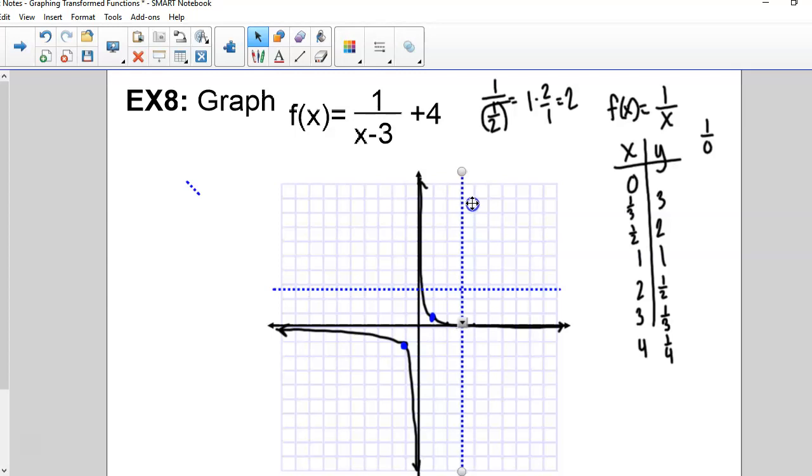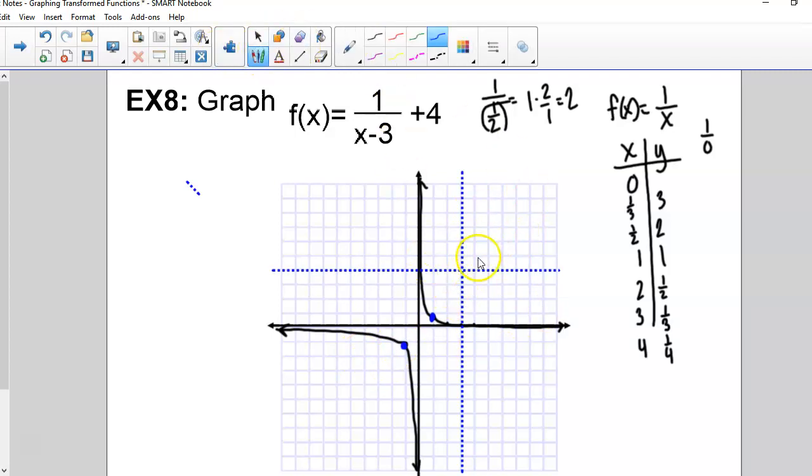So I usually just move my asymptotes first, which I've messed up here because I moved the graph. Then I'm just going to graph that point in what would be the new first quadrant, and then this point here.